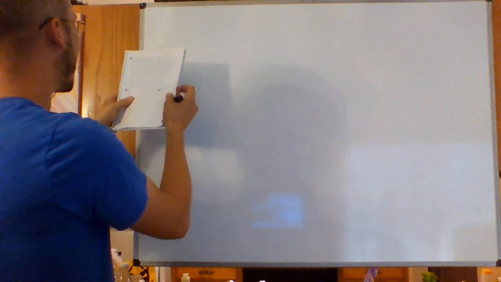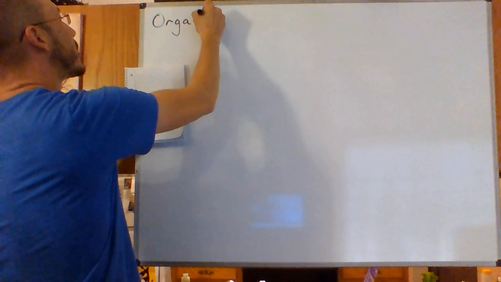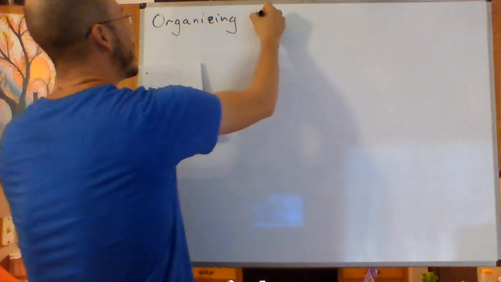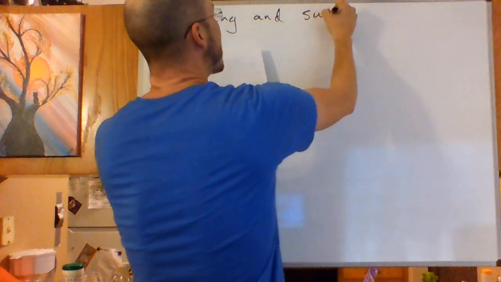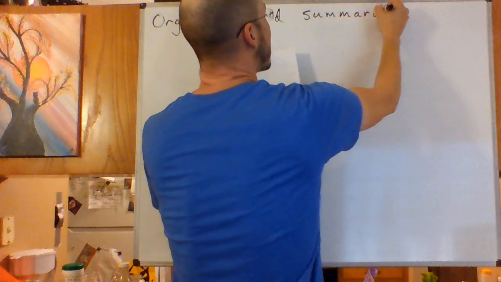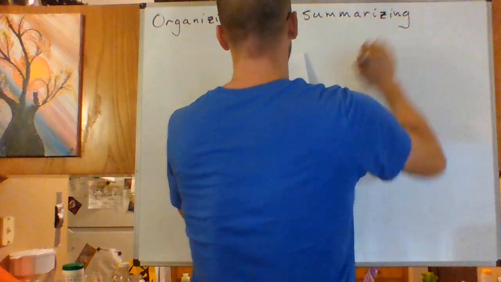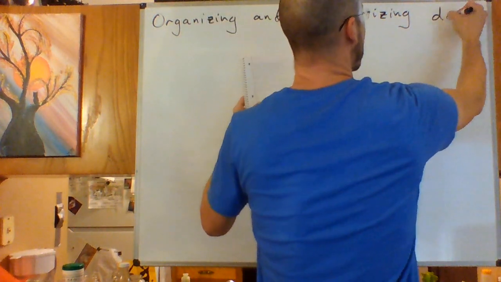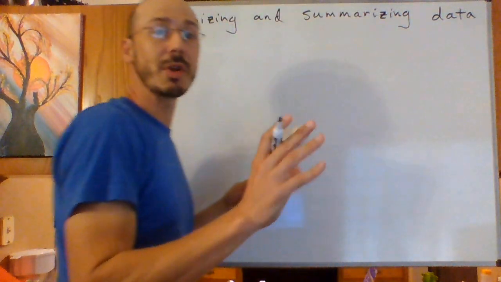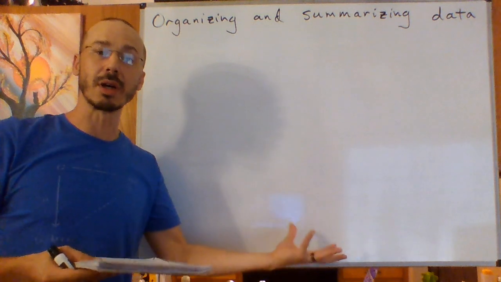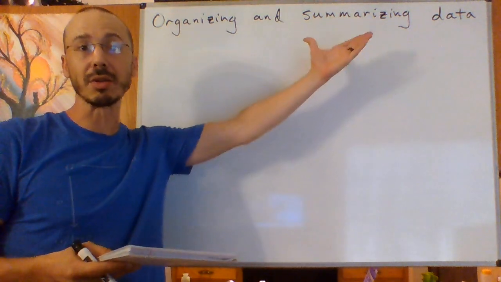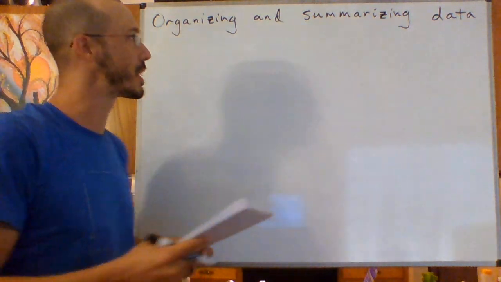So kind of picking back up, organizing and summarizing data, which is just what we just did. We organized it into a graph, and then I did a little summarizing when I wrote the average down.